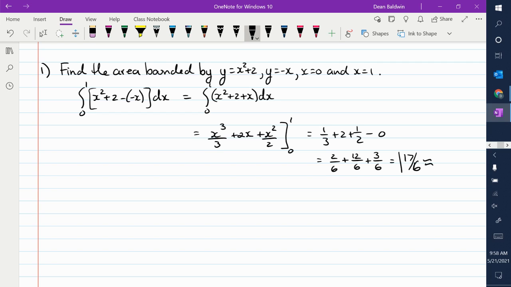What'd you say? What was your guess? Ooh. 2.83 repeating. I don't care if you give me the decimal or the fraction. I would prefer the fraction, but I don't really care. Okay? Does that make sense?